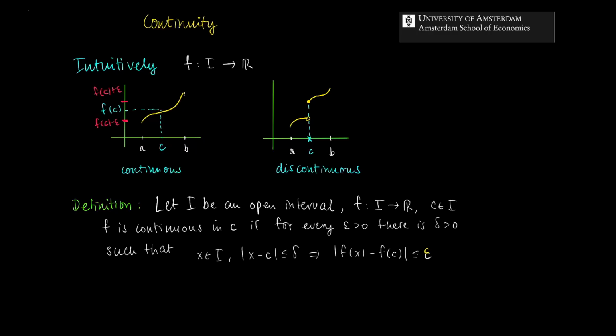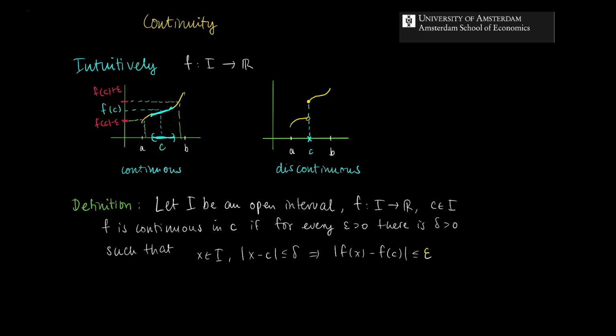Then we should be able to find an interval around c such that all images around c are projected in this interval on the vertical line.